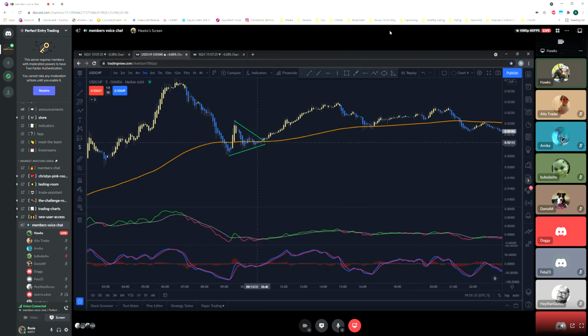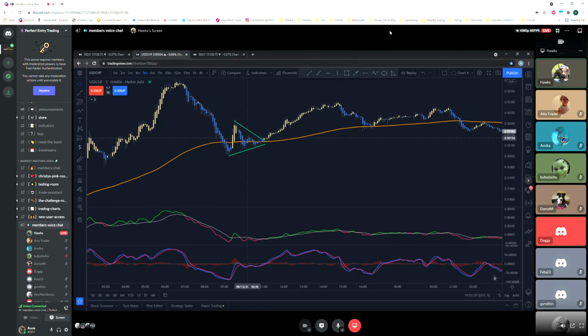When you do find a wedge, an ascending triangle, a symmetrical triangle or a pennant, these are very powerful, because price is bouncing between these lines and then finally it just explodes out, and that's what usually will happen.